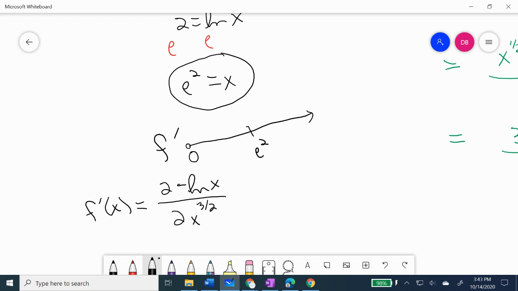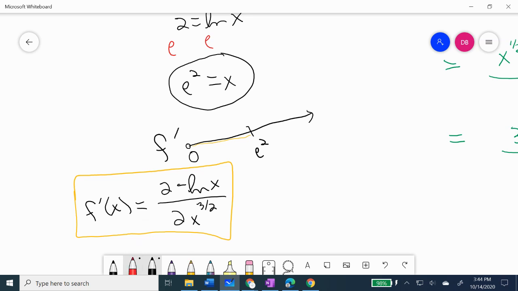From here, I need to figure out positive, negative for the first derivative, and I have to pick something between 0 and e squared that I can decently figure out positive or negative. And you know what? Let's save some time.